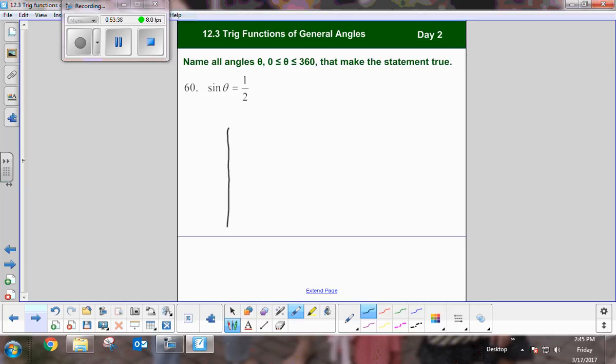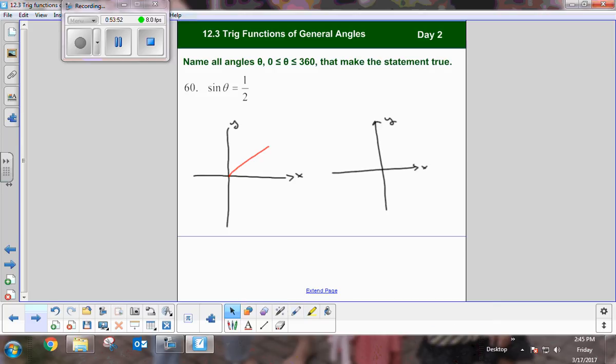So I have a first quadrant triangle, but I also have a second quadrant angle. And in this case, since I don't have a second condition, I'll have two answers.